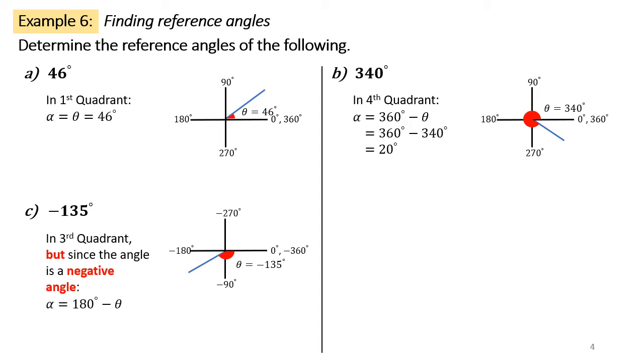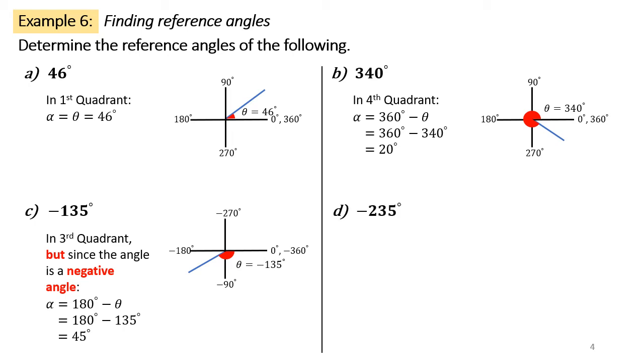Alpha will be equal to 180 degrees minus theta. Our theta has a negative sign to indicate that the position of the angle is going clockwise. So we just ignore the negative sign. We just take 180 degrees minus 135 degrees. So we get our alpha is 45 degrees.